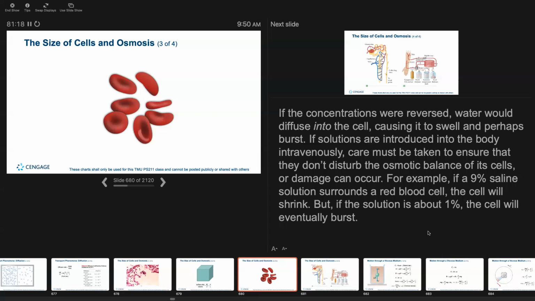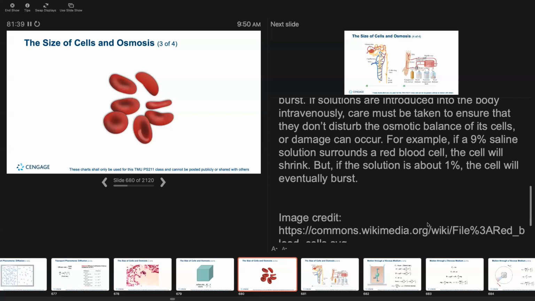If solutions are introduced to the body intravenously, care must be taken to ensure that they do not disturb the osmotic balance of its cells, or damage can occur. For example, if a 9% saline solution surrounds a red blood cell, the cell will shrink, but if it is surrounded by 1%, the cell will eventually burst.